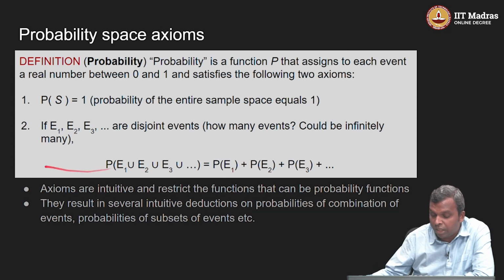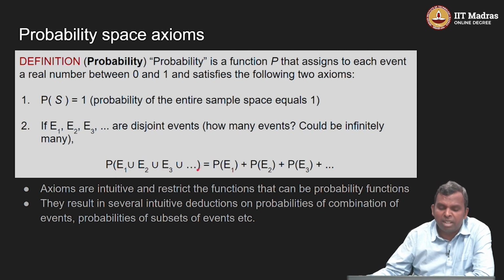I'm taking each of the individual probabilities, P of E1, P of E2, P of E3, and adding them all up. That sum should be exactly the same value as what you have on the left hand side, the probability assigned to the union of all these events.